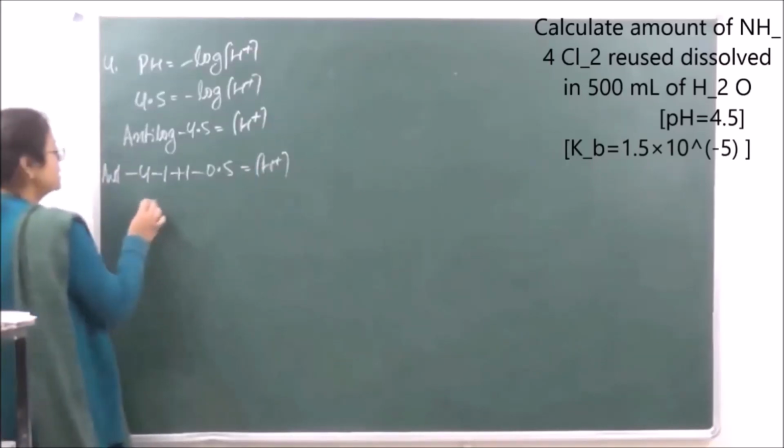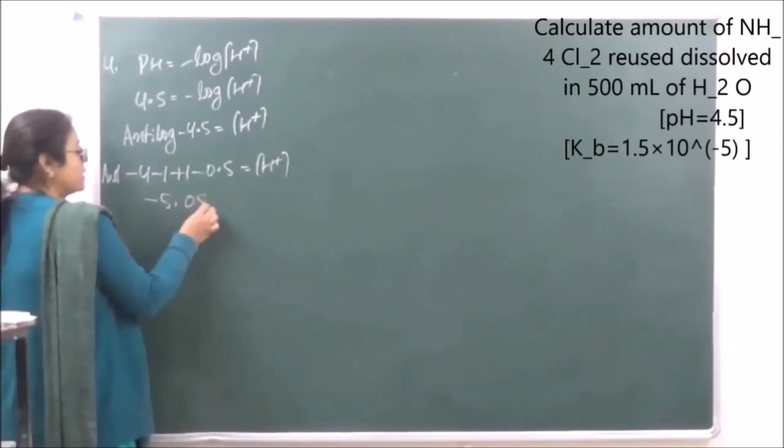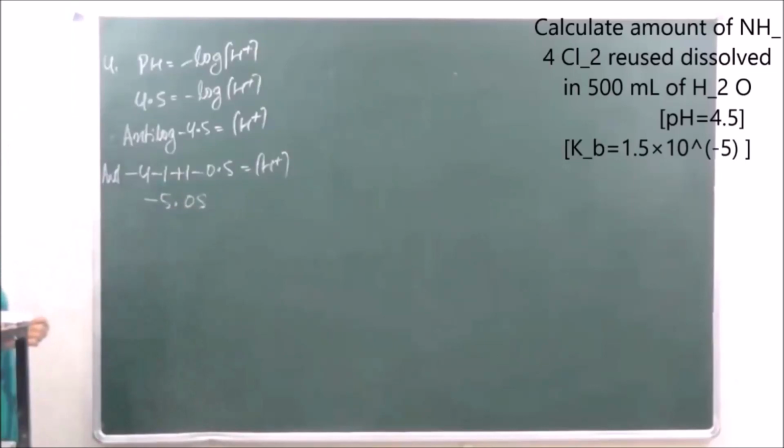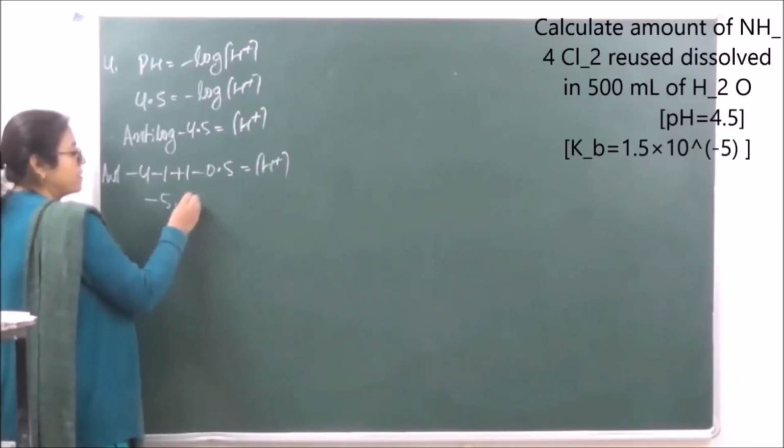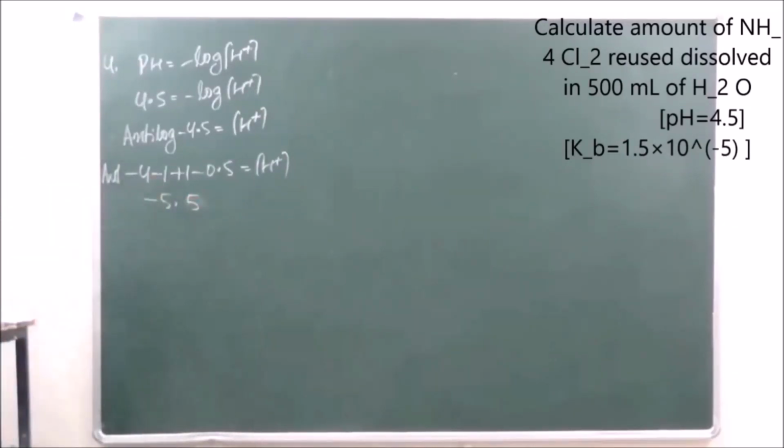So this will come to minus 5.05, 1 minus 0.5, that is going to be equal to 5.5. Okay? So we take the antilog of 0.50 over here.